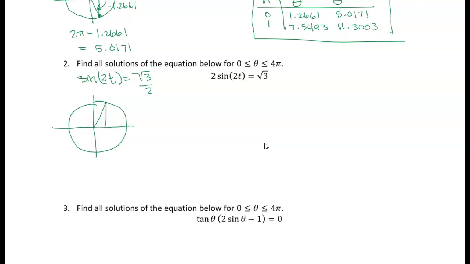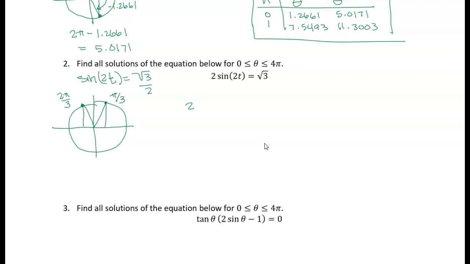So there's one angle right there, and we know that that's pi over 3. And there's another one that has a positive square root 3 over 2 over here, like that. And that one is 2 pi over 3. Okay? So those are the values where sine is equal to square root 3 over 2.